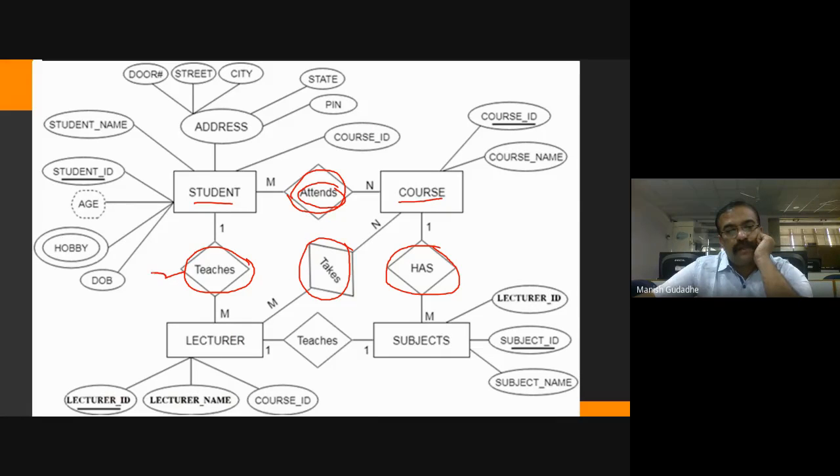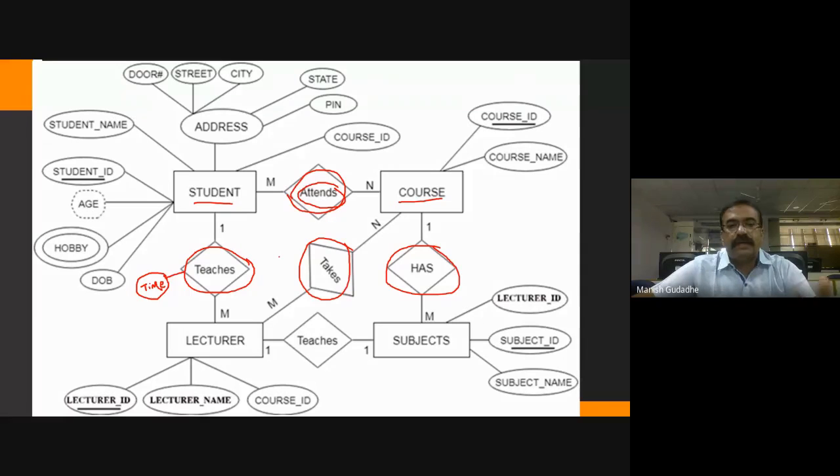And along with that, I can have, let us say, the time. At what time he is teaching him can be an additional attribute that the relationship can have. So a relationship can have its own attributes, but its default attributes are always the primary keys of the participating entities.